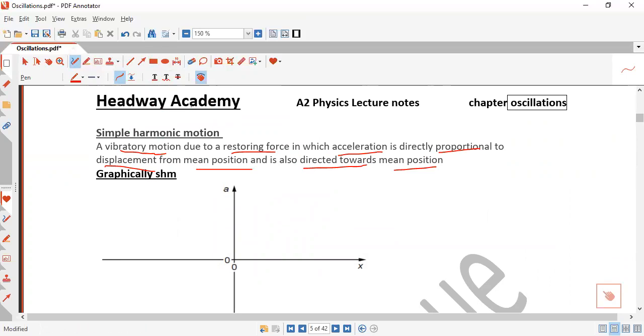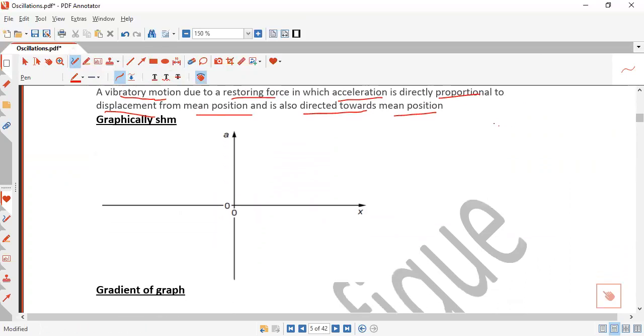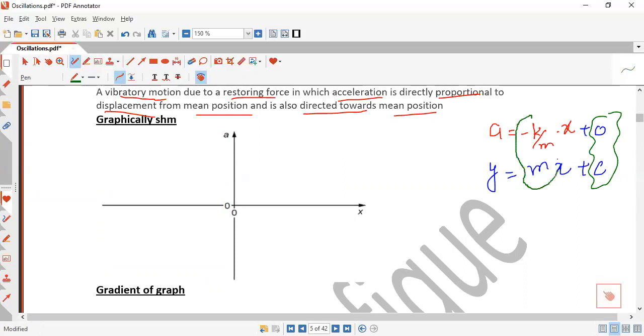So students, what's the graph then? The graph is like this: A equals to negative K over M into X. So if I compare it with Y equals to MX plus C, it will be telling us that the y-intercept is 0, so the graph will be passing through origin, and the gradient will be what?